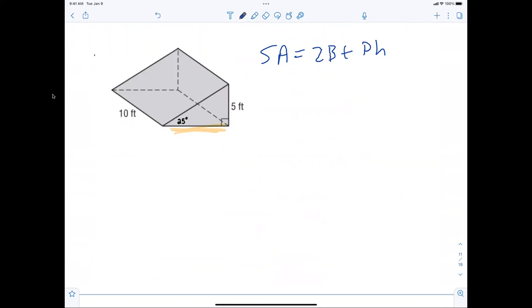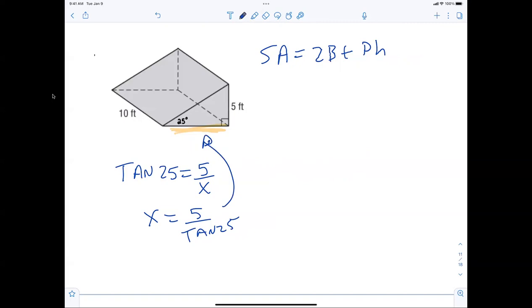Tangent, thank you. Tangent of what? Tangent of 25 equals 5 over x. So x is equal to 5 over tangent 25. That's beautiful. All right, so now surface area is equal to 2.